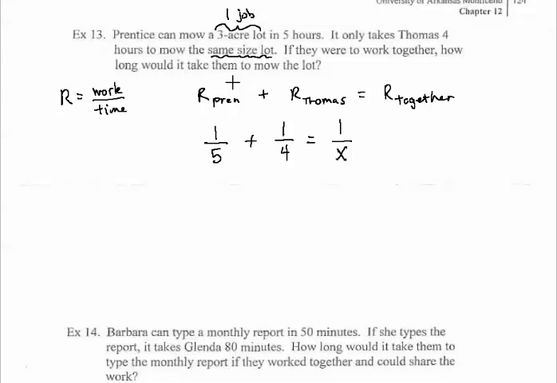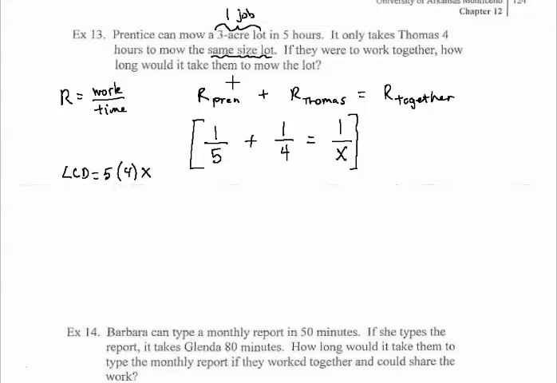One way to solve this would be to multiply everything by the lowest common denominator. To find that, we look at each of the denominators: there's a 5, a 4, and an x. 5 and 4 do not share common divisors, so we need one of each of those, and then there's an x, so one of each factor.